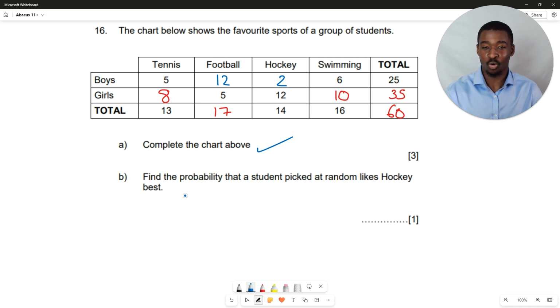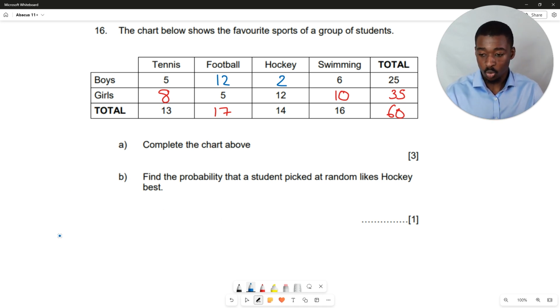And now we have some probability. Okay, part B: find the probability that a student picked at random likes hockey best. Okay, so we're told we're looking for the probability that a student, girl or boy, likes hockey best.